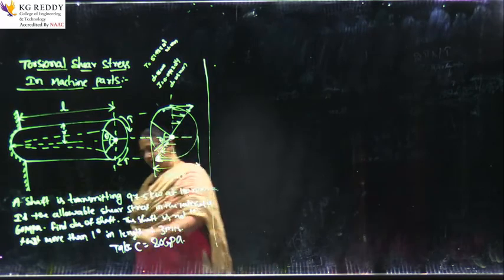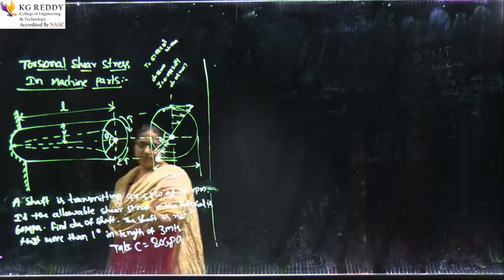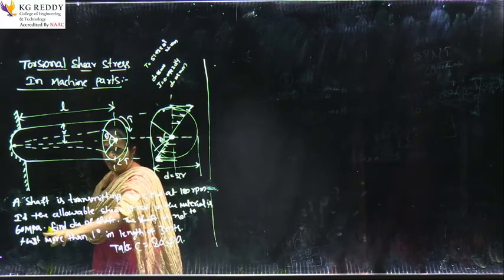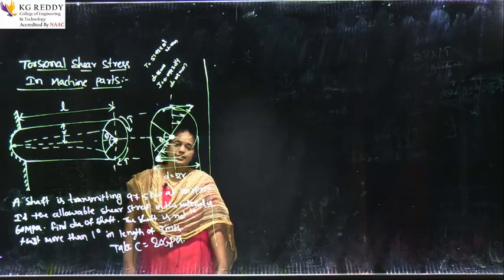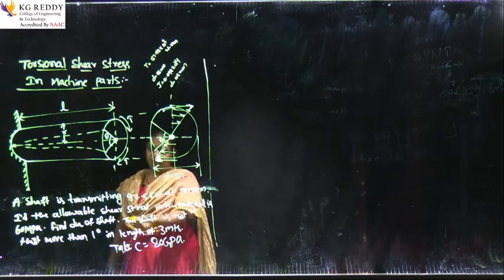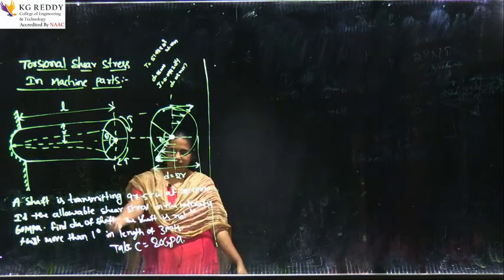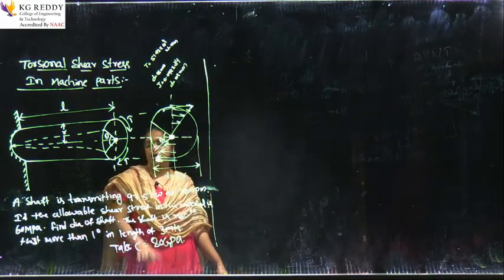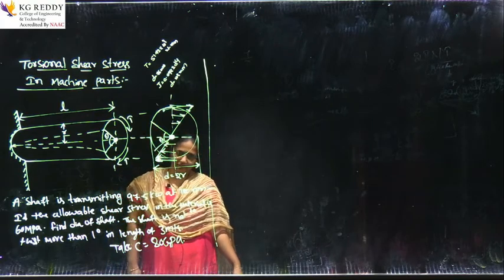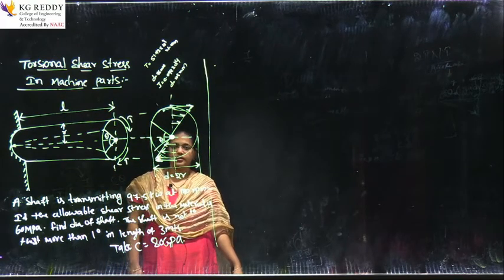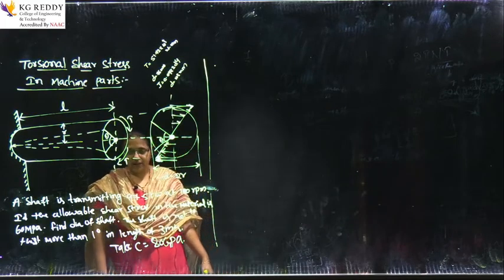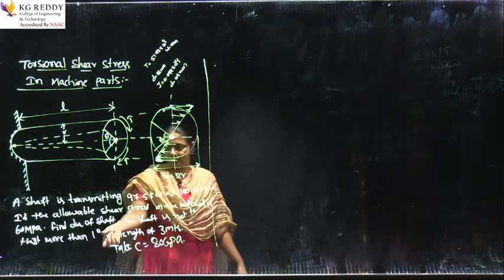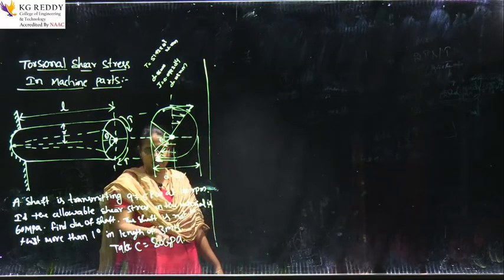If the allowable shear stress in the material is 60 megapascals, that is tau equals 60 megapascals, find the diameter of the shaft, if the shaft is not to twist more than 1 degree over a length of 3 meters, that is L equals 3 meters.